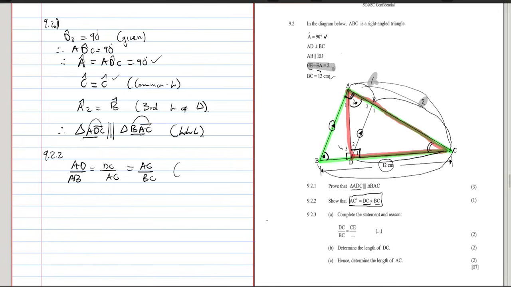Why is this true? It's because triangle ADC is similar to triangle BAC. That is why we have these ratios.